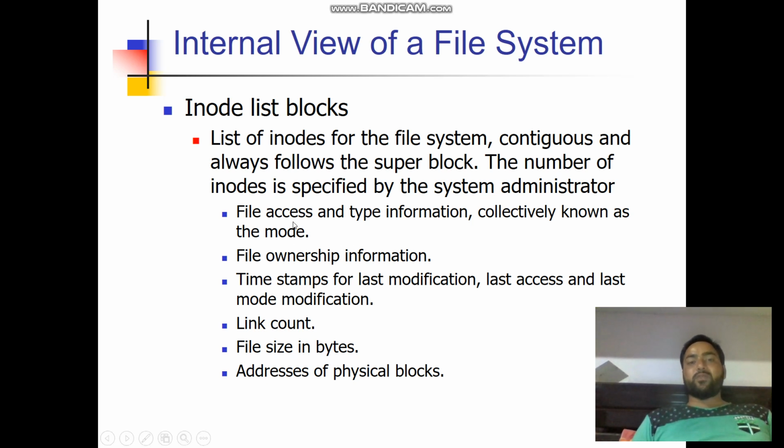It consists of file access and type information, collectively known as the mode of the file, then file ownership information, then timestamps for last modification, last access, and last mode modification. Then the link count, the number of links to the file. Then the file size in bytes, the total size of the file. Then the addresses of the physical blocks in which the particular file is stored.